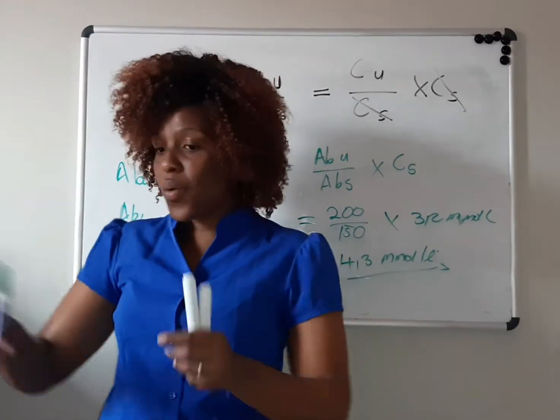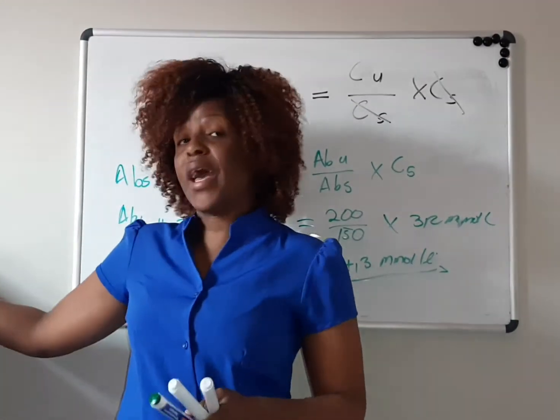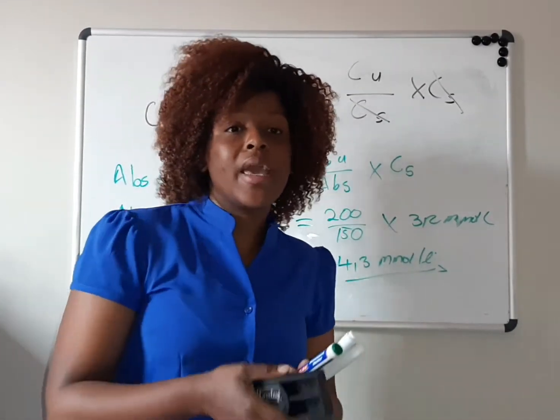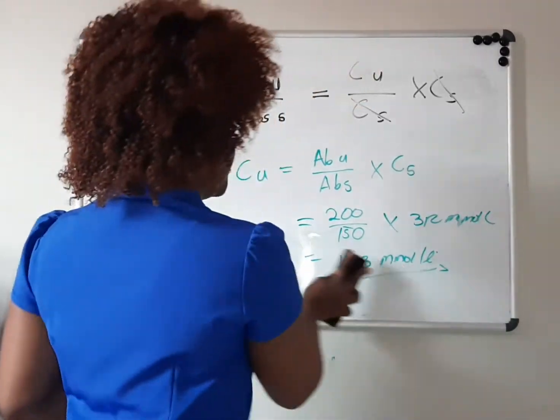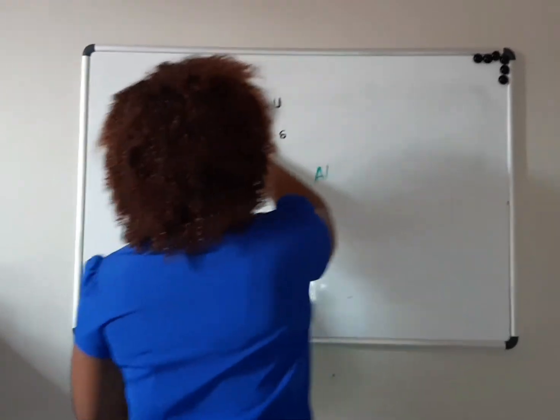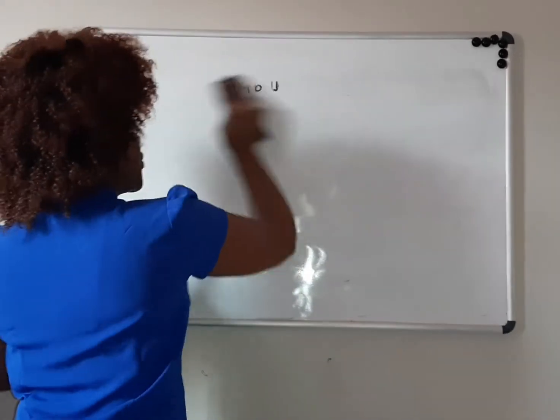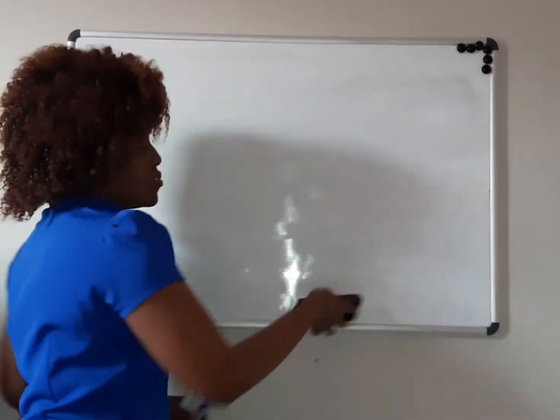Another way of using Beer's law, as I've mentioned, to get the concentration of the analyte is by using a calibration curve, or a standard curve.